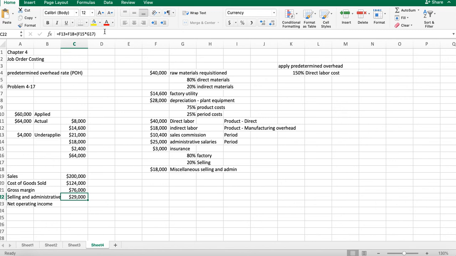Oh, I also have my 25% of my depreciation. And I feel like I'm missing something else. My administrative salaries. There we go. Okay, so I think that's everything. So my net operating income would be my gross margin minus my selling and administrative expenses, or $15,000.